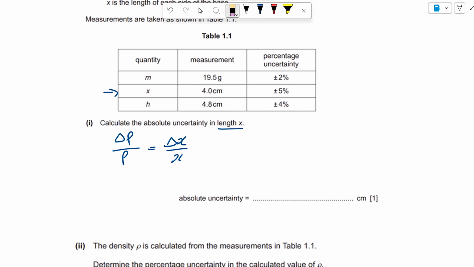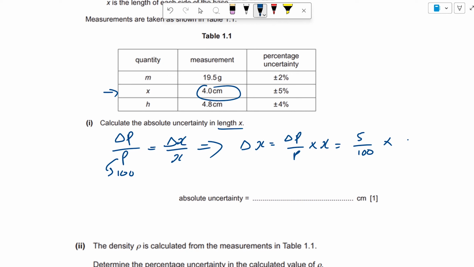So, we can find delta X by simply replacing delta X is equal to delta P over P times X, which gives us 5 over 100 times 4, don't forget that P is 100, and that gives us 0.4.